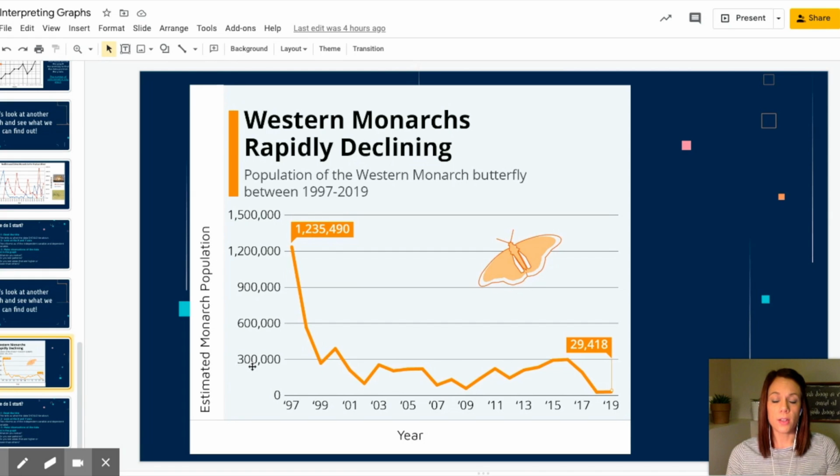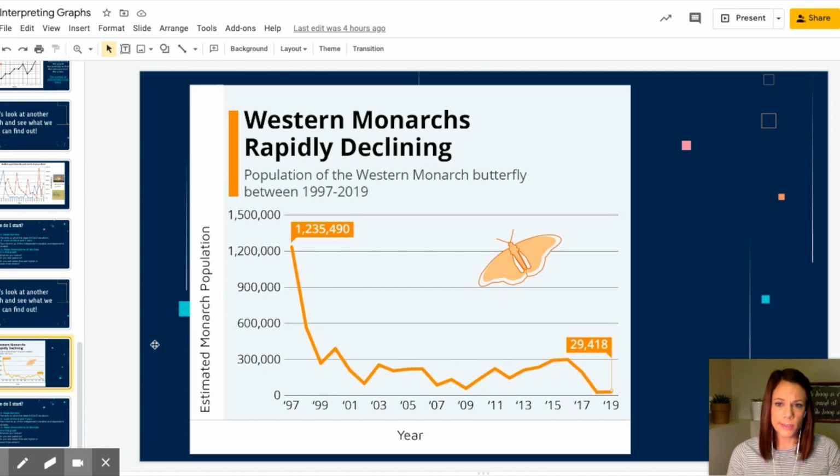Again, in what years was the population 300,000 butterflies? You would have to look and say, okay, in 1999 it was at 300,000. 2015 it was at 300,000, and even maybe right here, which was 2016, it was at 300,000.